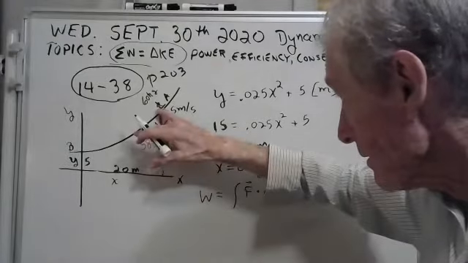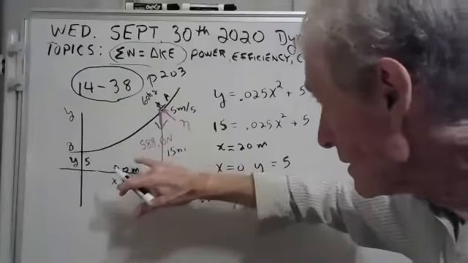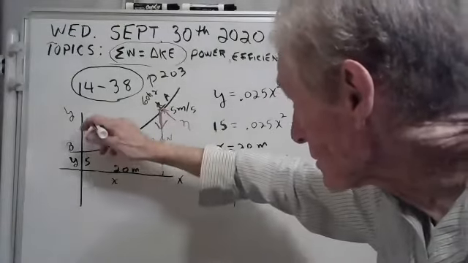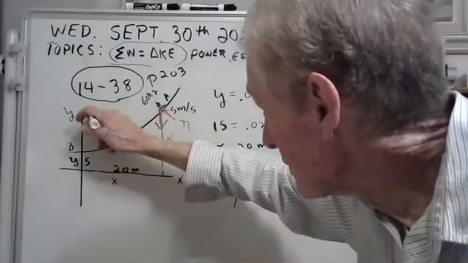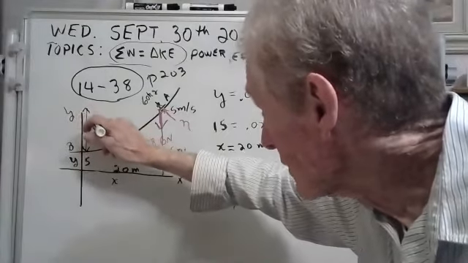To find that work, you just take that 588.6 times, in this case, 10 meters, because, see, here's 15 meters. From here to here is 10 meters.